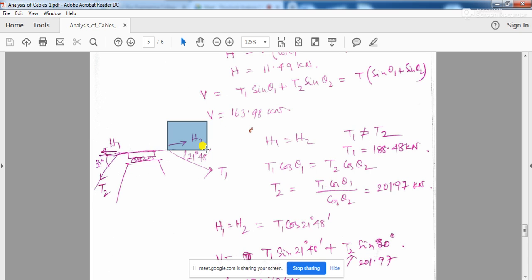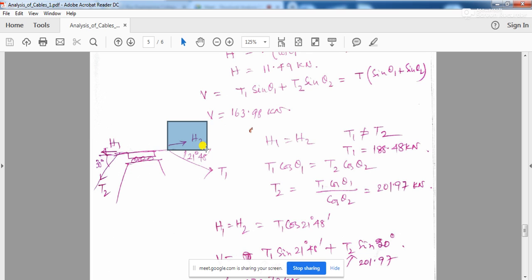Please understand this: the tension in the main cable is not going to change. As well as the angle the cable makes with the horizontal, that also is not going to change, because the profile of the cable will remain parabolic, and the dip of the cable will be that YC only, the 14-meter dip only.